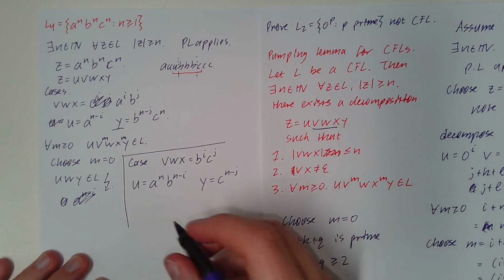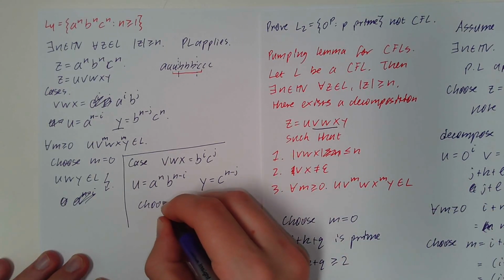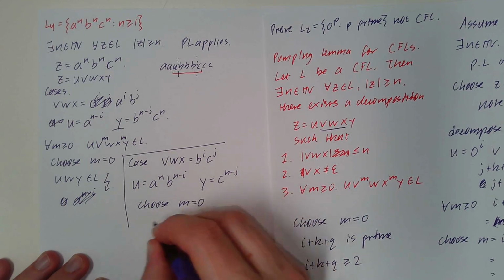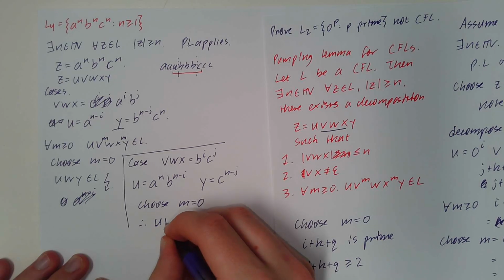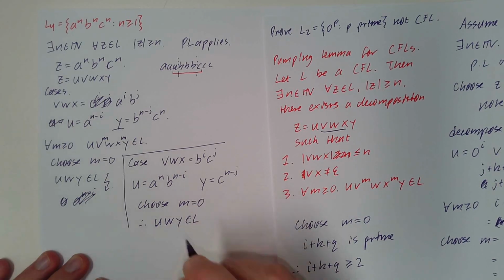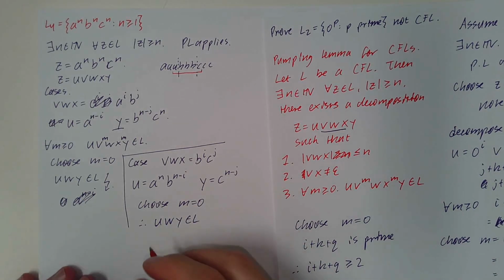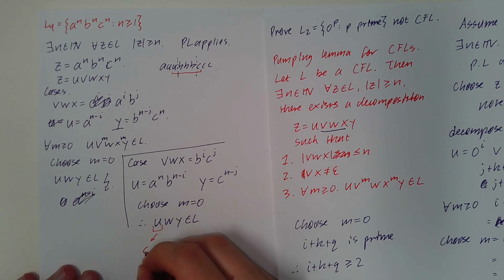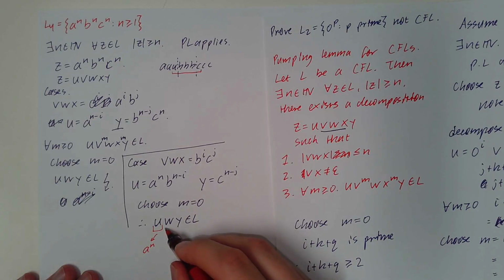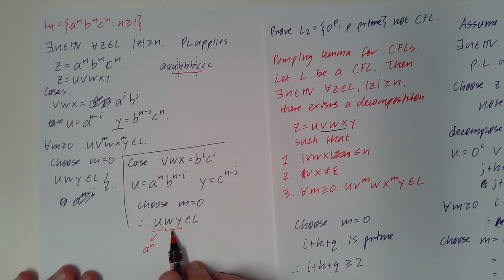And then you do exactly the same argument as before, right? You choose m to be 0. So therefore uwy is in the language. And then u contains all of the A's. This has got n many A's in it. And this string's what's left over.